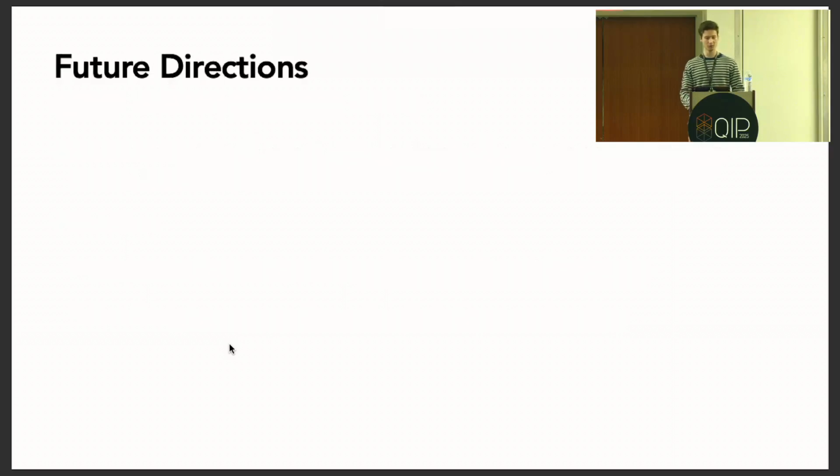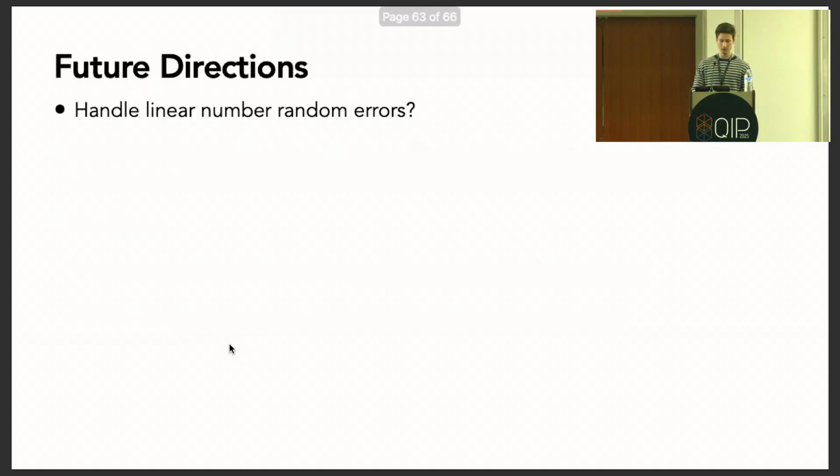So to wrap up, I'll just describe a couple of future directions. The first is whether we can handle a linear number of random errors. It turns out that the algorithm I've described is optimal against adversarial errors, in that it corrects up to a linear number of adversarial errors with respect to the code distance. But we haven't considered a linear number of random errors, where we have some constant error probability.